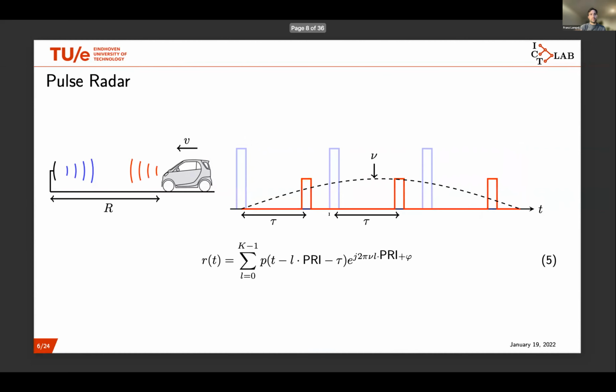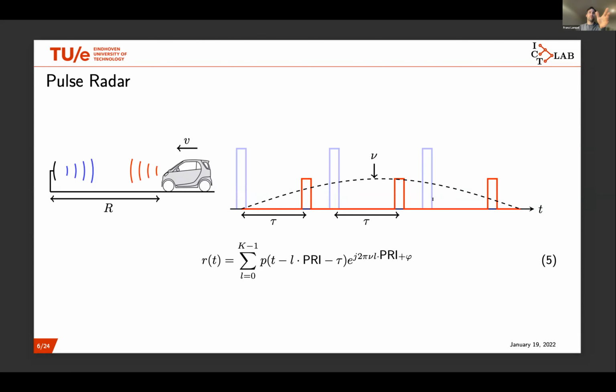How does the received signal then look like? We have some attenuation, then we have a delay, and we have some Doppler shift, which are indicated here by this dashed line. Typically, what you assume in radar is that the pulse repetition interval is so short that the target movement between two consecutive pulses can be neglected.